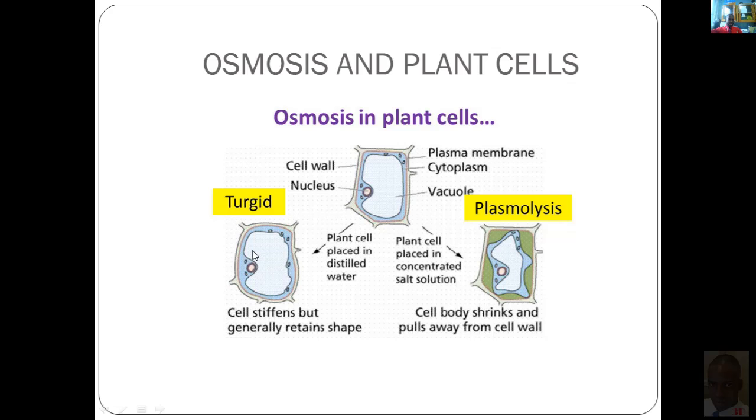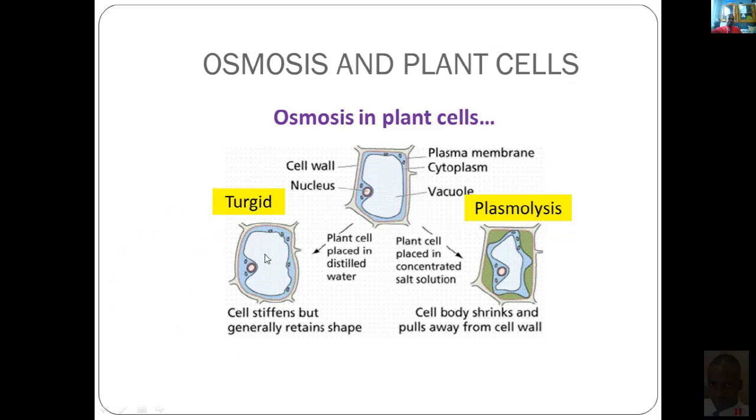Distilled water is pure water. In other words, this cell is placed in a solution that has a very high water potential. As a result, water will move into the cell, because the cell cytoplasm will have a low water potential compared to its environment.